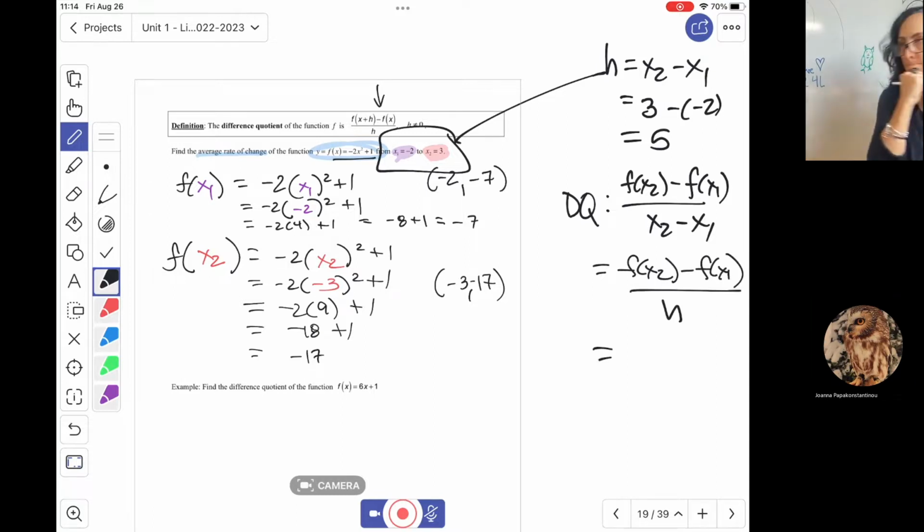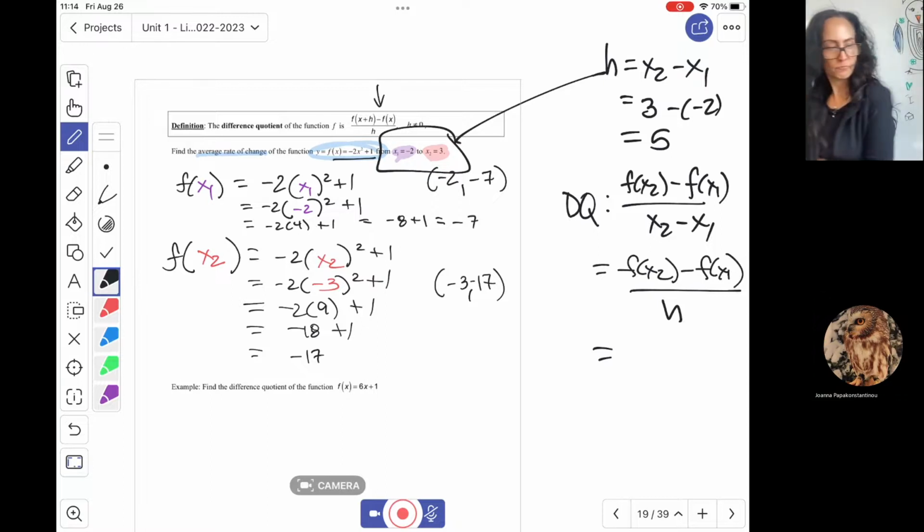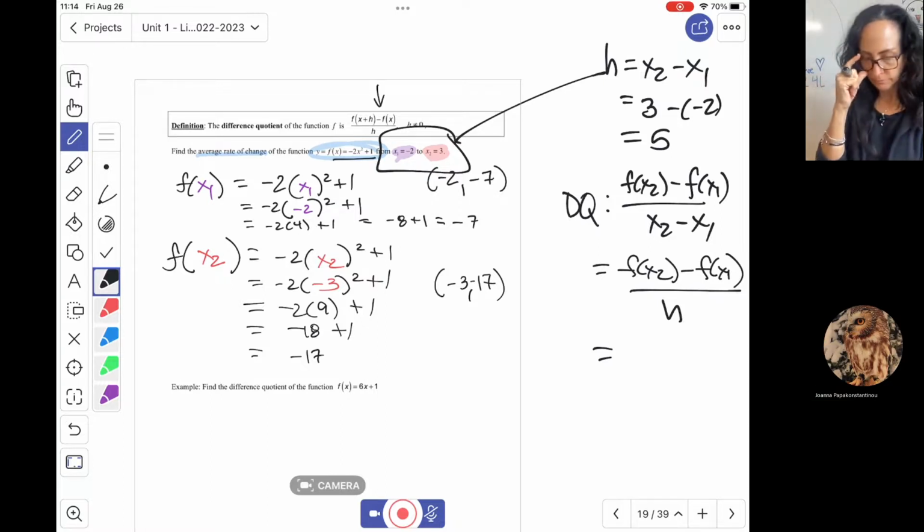What is it? Anybody get it? Anybody got it?